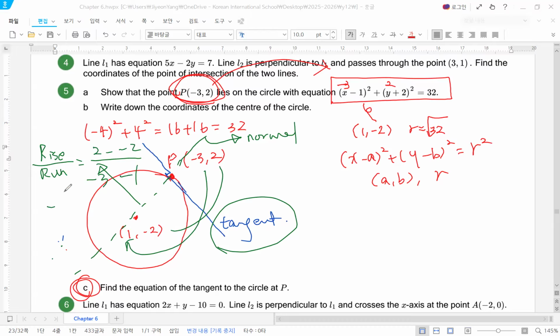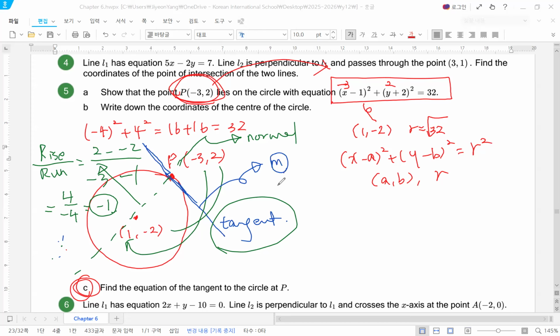Which is 0 over negative 4... the gradient of this normal line is negative 1. Then by using the fact that the gradients of perpendicular lines, when multiplied by each other, give negative 1, what is the gradient of this blue line?